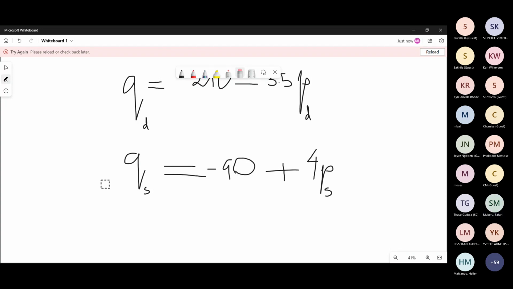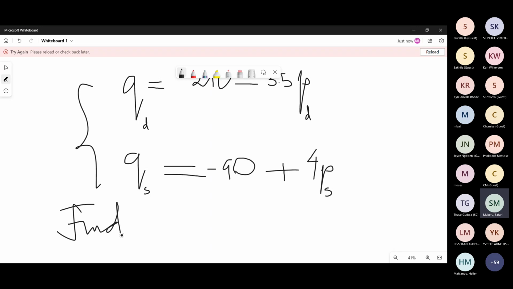Great. Now find the equilibrium. Determine the equilibrium for this market. What will be the equilibrium price and what will be the equilibrium quantity, right?